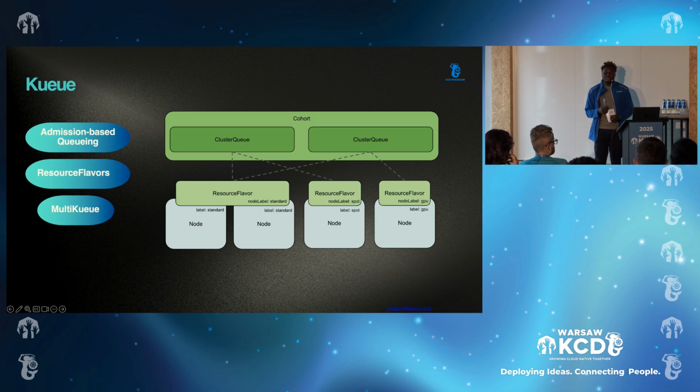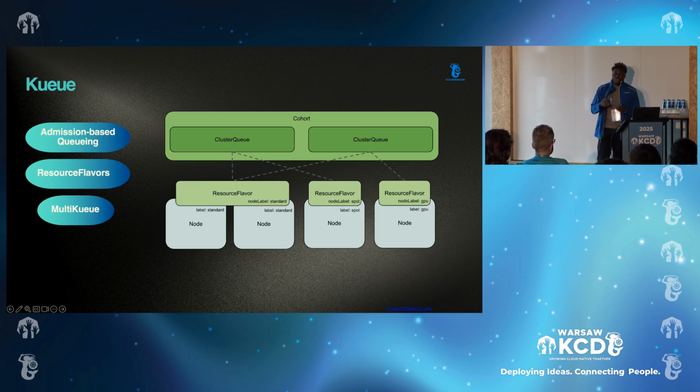Q also introduced another thing which is called resource flavor. I won't call it a node pool, but what resource flavor basically helps you do is define the compute resources that you have in your cluster. That is, it makes it easy for you to categorize your resources based on your nodes, for example, based on the different architectures that they have.